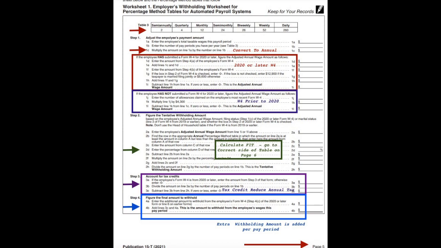And after getting the federal income tax for each pay period, you see the W4 step 4C to see if any additional amount needs to be withheld. And you will add that to the federal income tax for each pay period, and that is the amount that you will take out from the employee's paycheck.